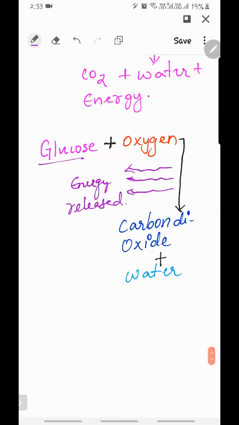So when we burn glucose in the presence of oxygen, it forms carbon dioxide and water, and during this process the energy is released outside.